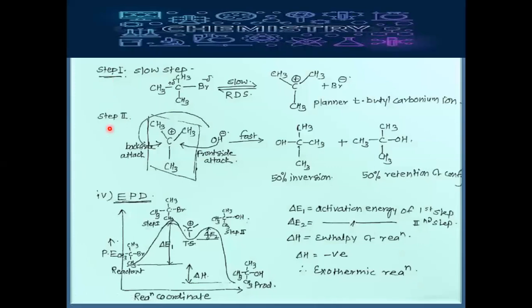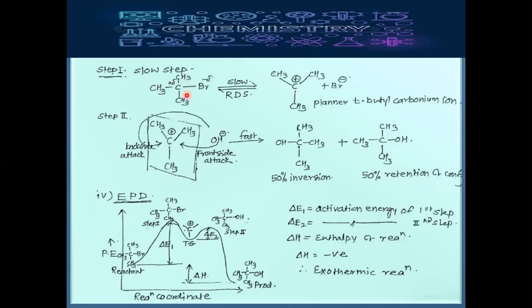See the step 1 and step 2 mechanisms. CH3C(CH3)(CH3)Br, with partial negative and partial positive charges. The electronegativities of C and Br have a larger difference.